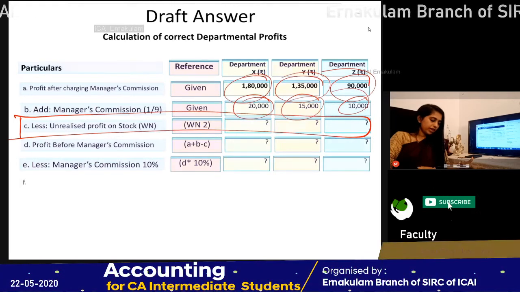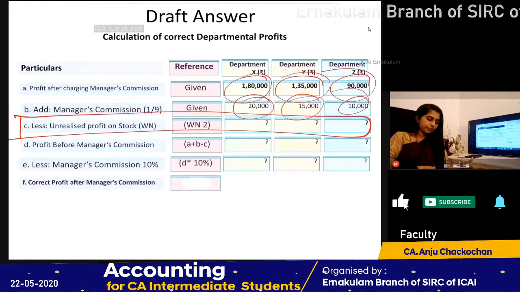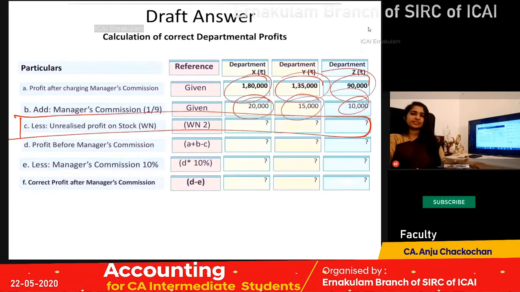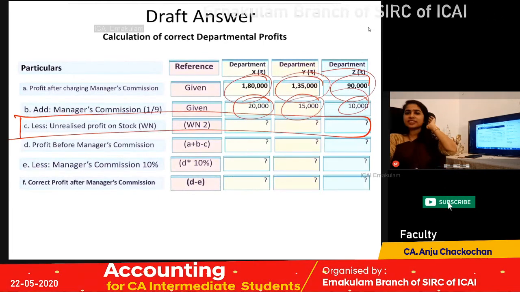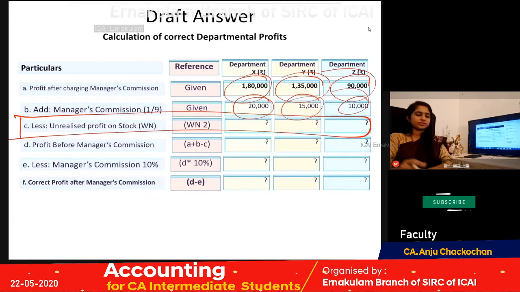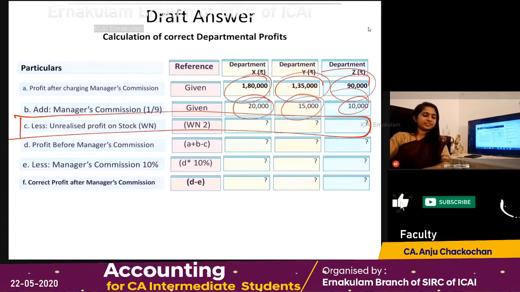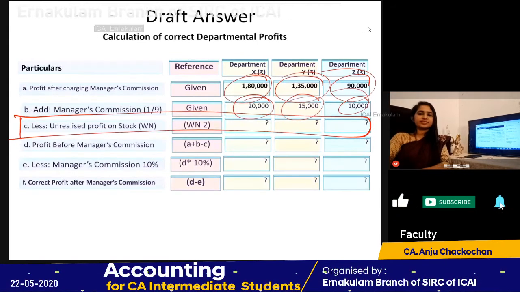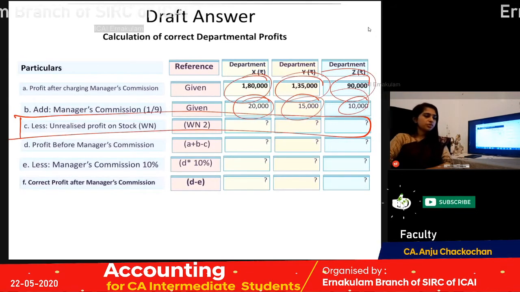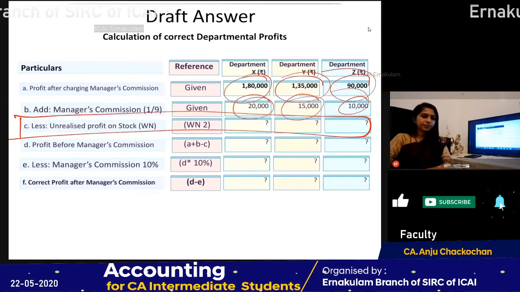The stock reserve rather. Come up with the answers of stock reserve, students. Make it fast.